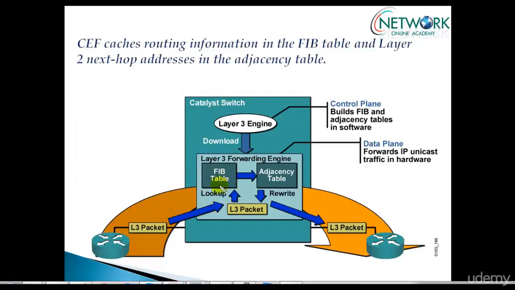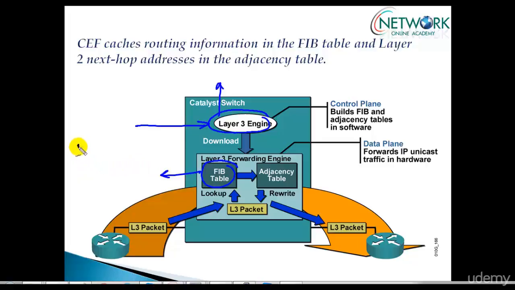Now this is your FIB table. This is your layer 3 engine, which is your normal control plane, and this is your data plane here. The control plane is responsible for building the routing information just like a normal router, and based on that this FIB table is going to have each and every destination network ID, and it is built proactively before a packet arrives at a router.